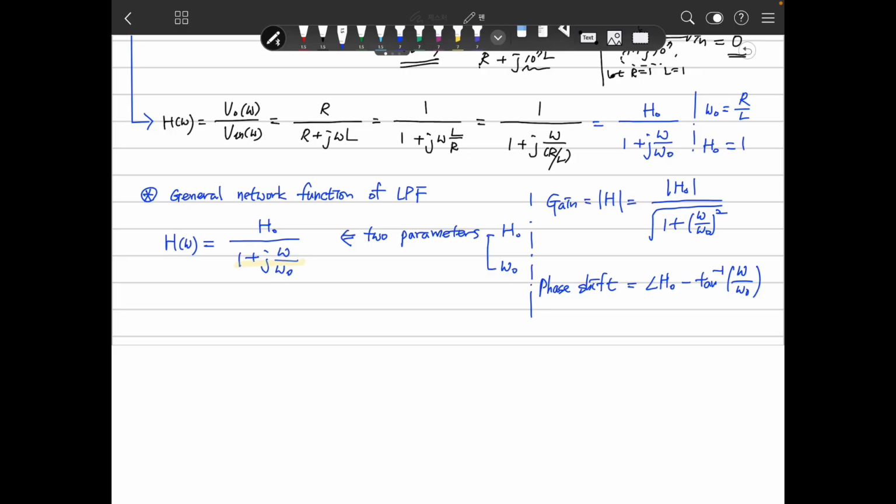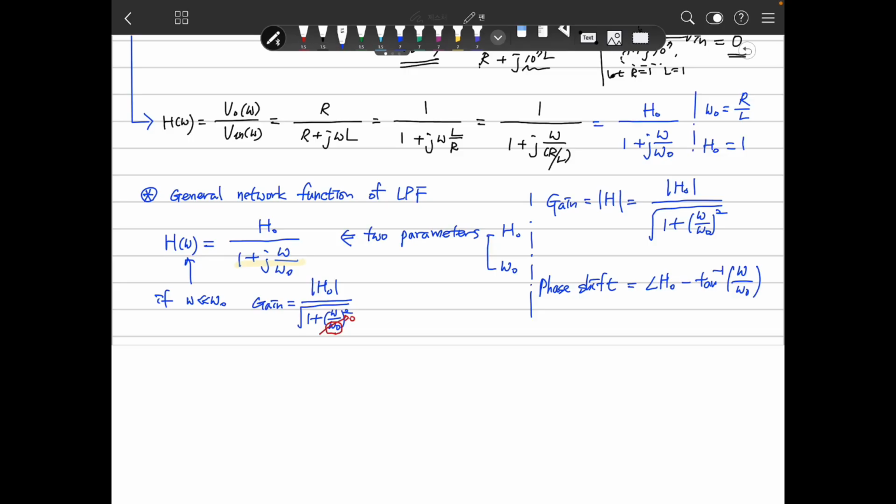So in some case, for example, if omega is very small compared to omega 0, then what happens? The gain will be H0's magnitude over 1 plus omega over omega 0 squared. And because omega over omega 0 is very small, it goes to 0.